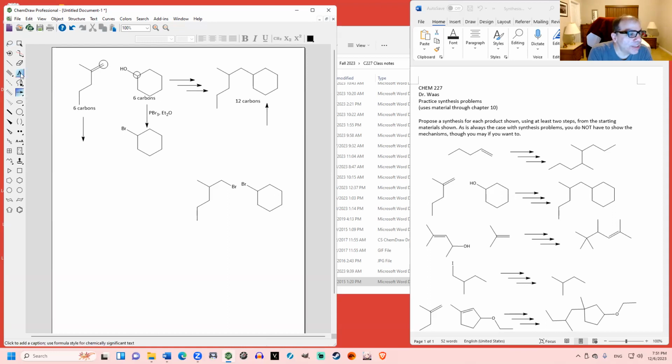The method we discussed in class is, first of all, making the non-Markovnikov alcohol by treating with borane and THF, followed by aqueous alkaline hydrogen peroxide. That's a chapter 8 reaction. This is hydroboration oxidation.